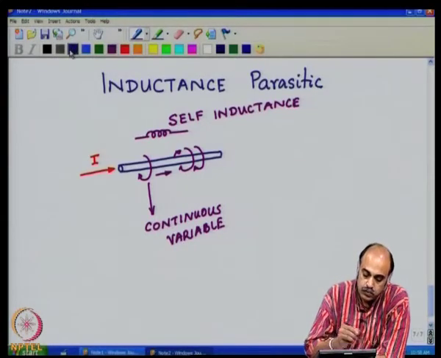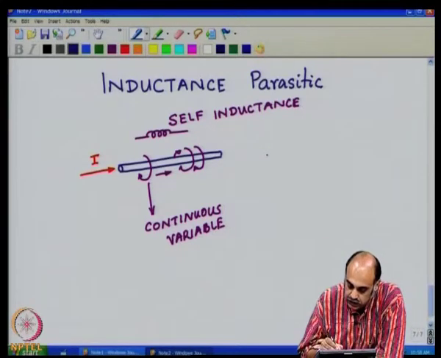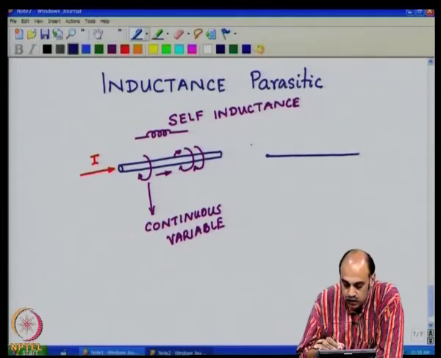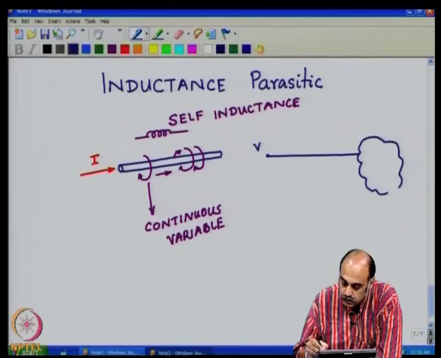Another problem that you would come across is when, let us say, you have a circuit at a positive potential V, and you have some circuit which does some job.